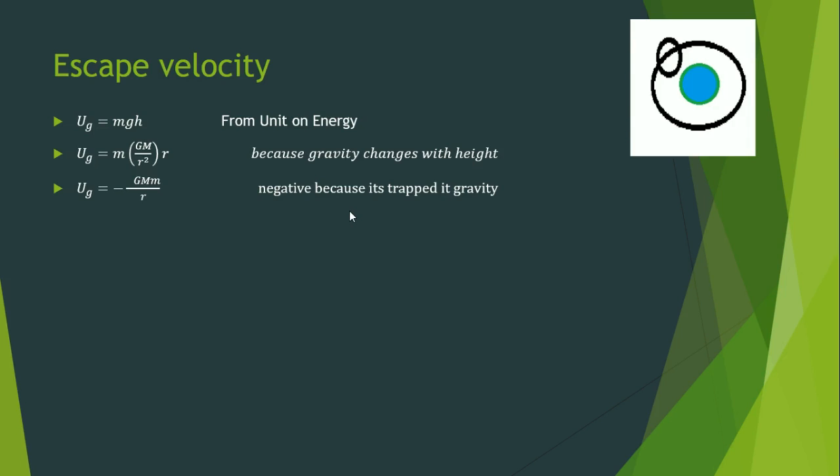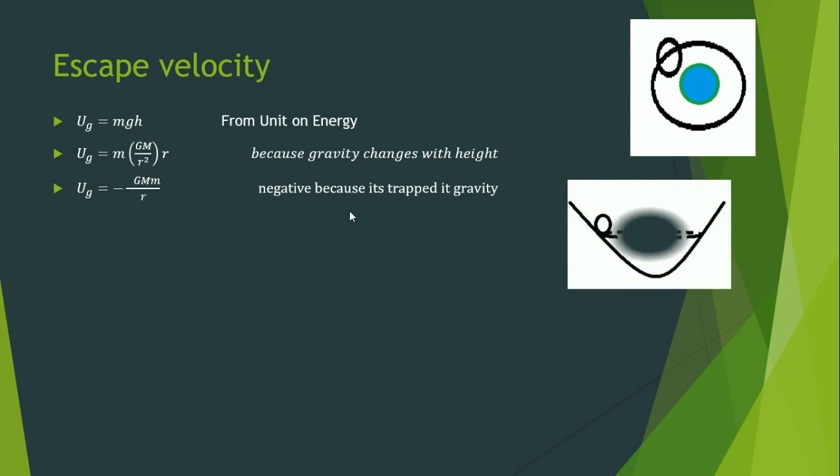You can't escape. So we're going to call that negative. Think of gravity as like you're in a bowl. Because you're in a bowl, you can't get out. So you're stuck in this location.